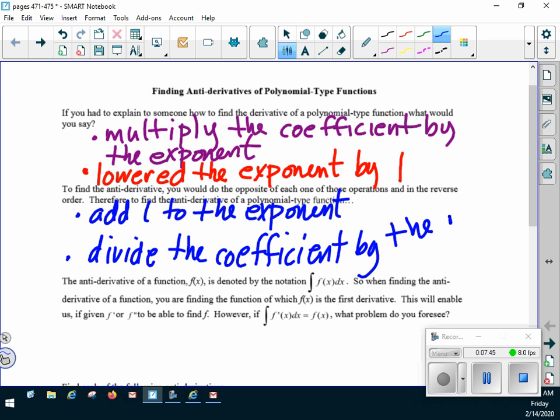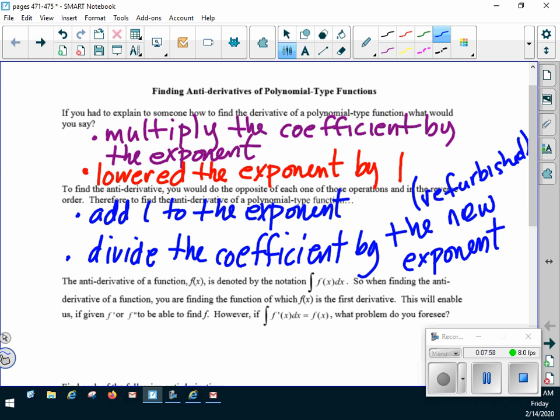Well then, I'll say new, but we'll put refurbished. Refurbished exponent. Just like we could go back here and say diminished. You're welcome. So see, you guys ought to take the SAT because the SAT is big words. Right.